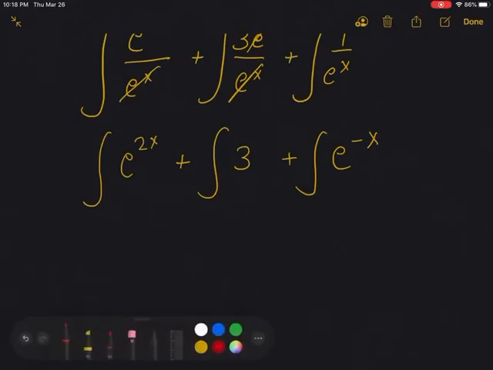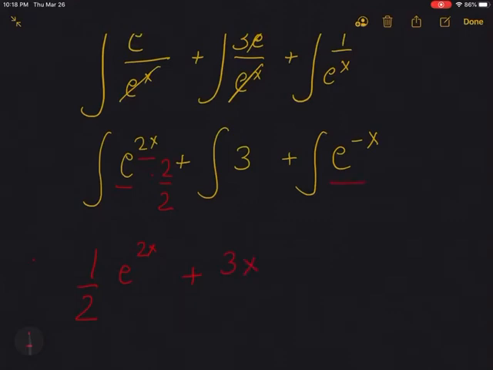So let's just find the integral. This one, again, it's e to the 2x, which means it should have a 2 in there, so I would bring in 2 over 2, factor out the extra number, and this becomes e to the 2x. Move on to the second piece. It's a constant. So the integral of a constant would be just add an x to that. And the last one, it's another e function.